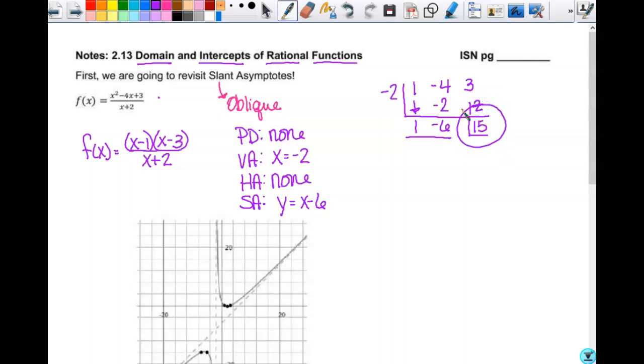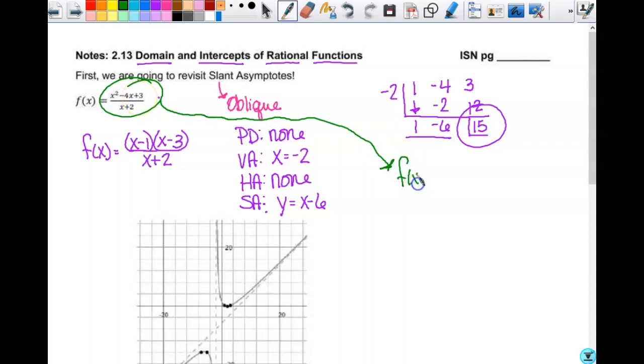All right, so let's talk about this. We ignore the remainder to write our slant asymptote, but let's think about what's really happening here. To get to this, I actually divided this. This whole thing, including the remainder, is another version of this right here.